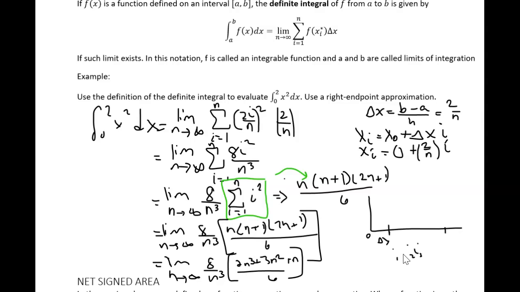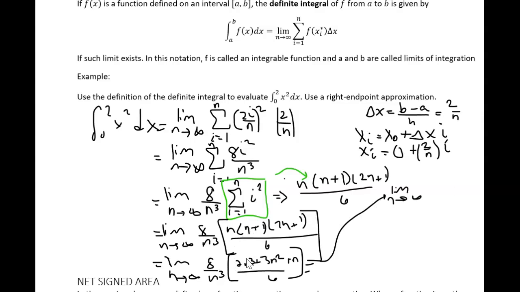So I'm going to do a little erasing here on the side to give myself some more room, because it looks like I'm really running out. Although with a little bit more algebra, we should be good to go to evaluate our limit. So equal to, and I'm just going to put this up here, this is the limit as n approaches infinity, and then let's go ahead and distribute the 8 over n cubed to each term.